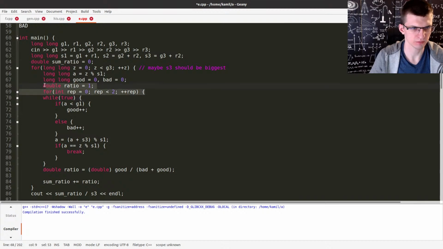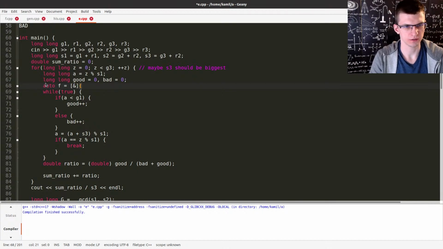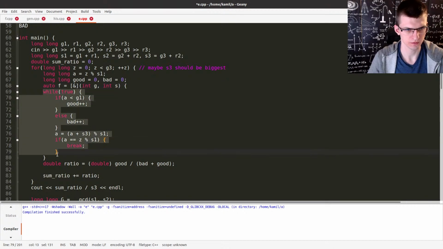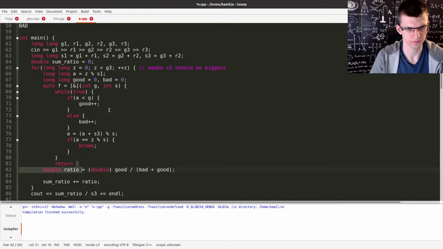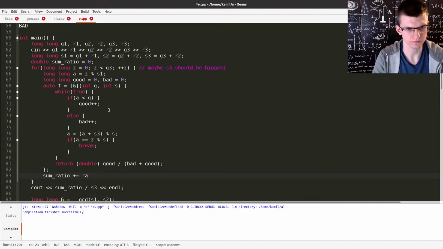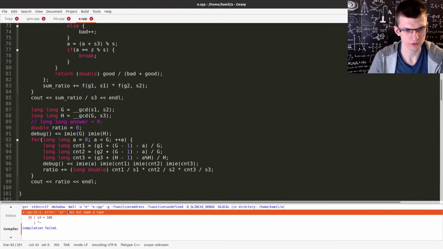Or let's say this is a function. I don't want to think about a good name. This is its green and this is its S. What's wrong this time?